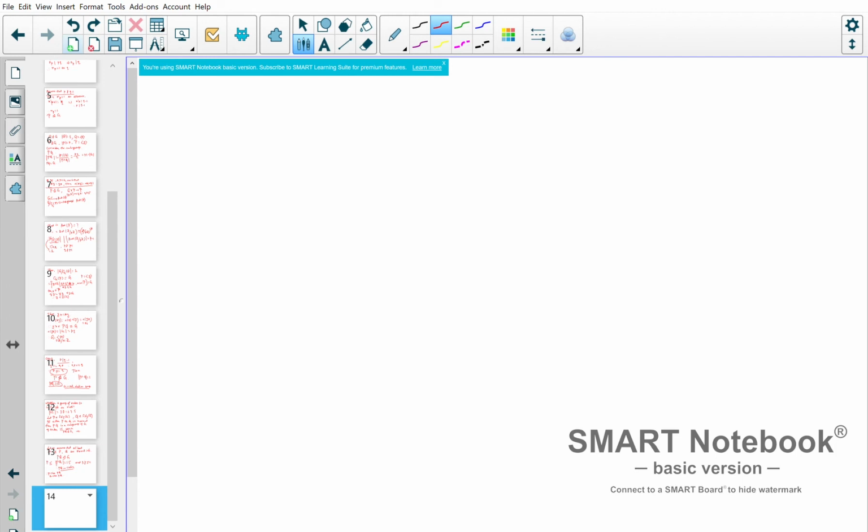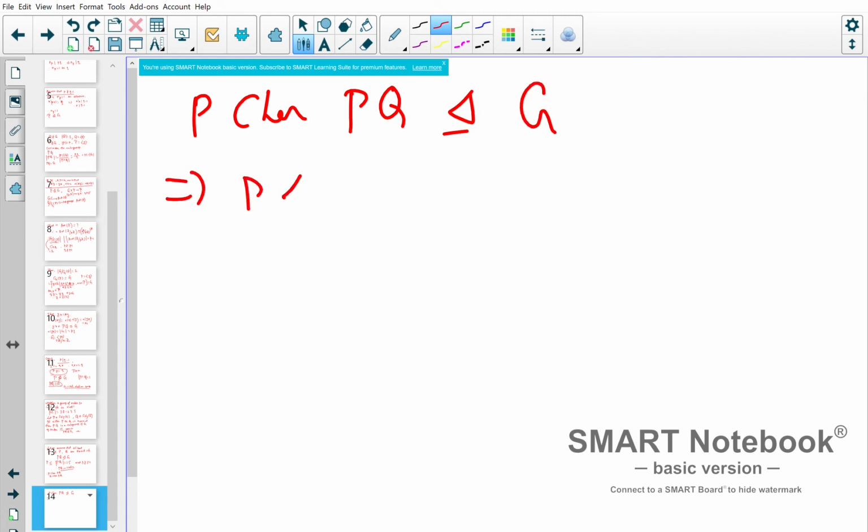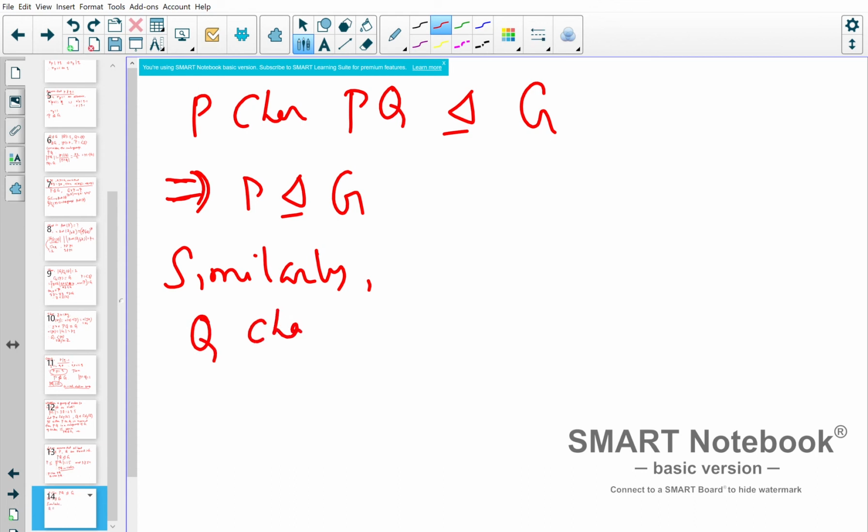So what does that mean? P is characteristic in PQ and PQ is normal in G. That means P is normal in G. Similarly, Q is a characteristic subgroup.